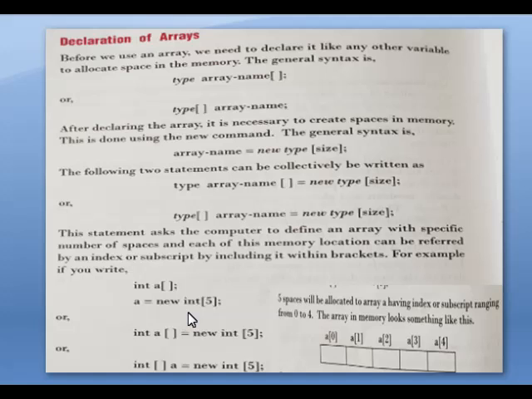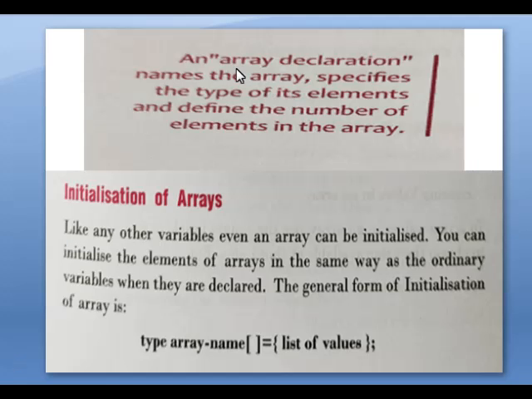For example, these are the 5 elements, that is 1, 2, 3, 4, 5. So the index will be like this: a of 0, a of 1, a of 2, a of 3 and a of 4. Now an array declaration names the array, specifies the type of its elements and defines the number of elements in the array.